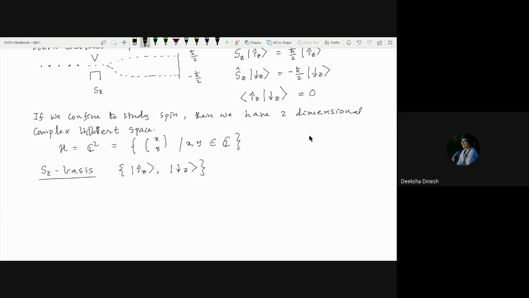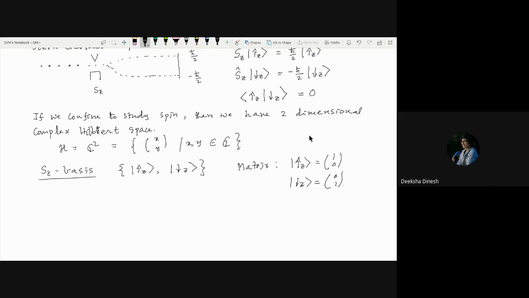We can identify a matrix notation for this: up z is equal to (1, 0) and down z is equal to (0, 1). So we can write like this.